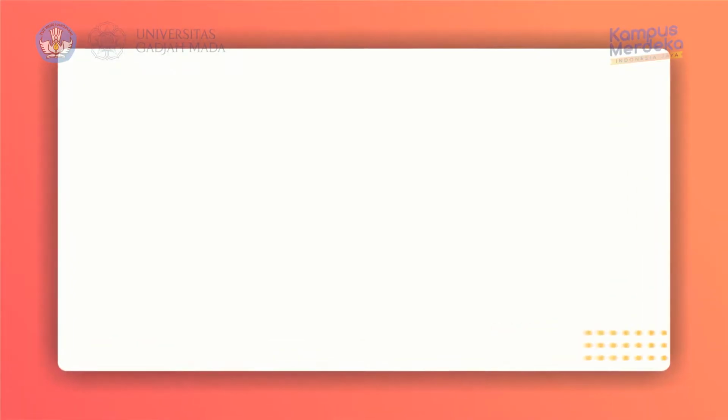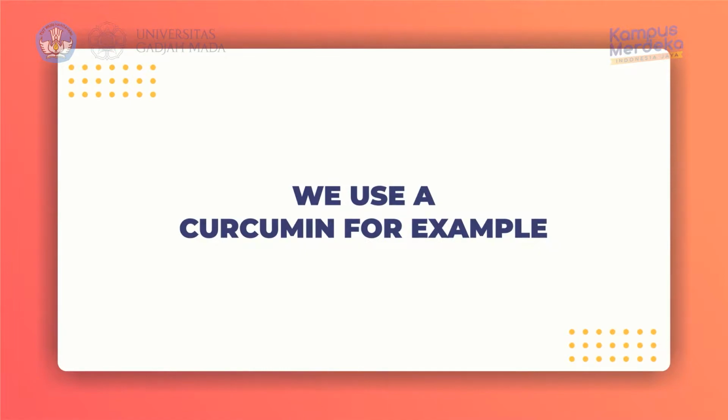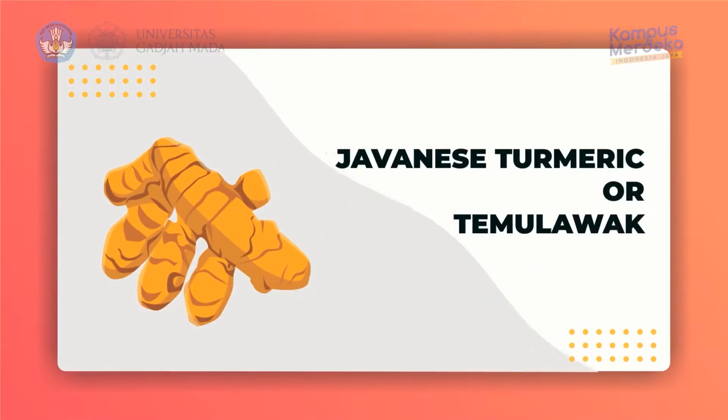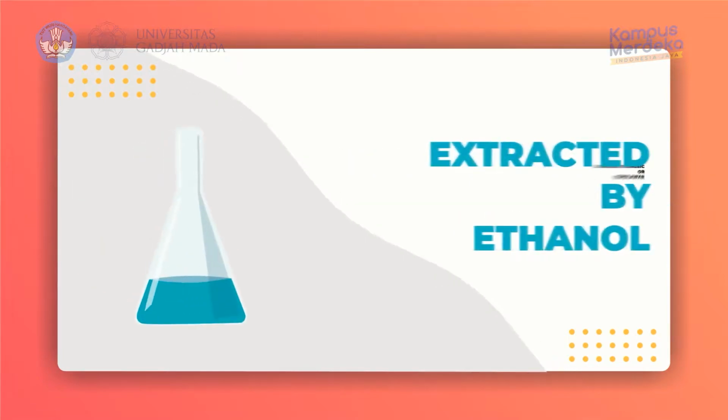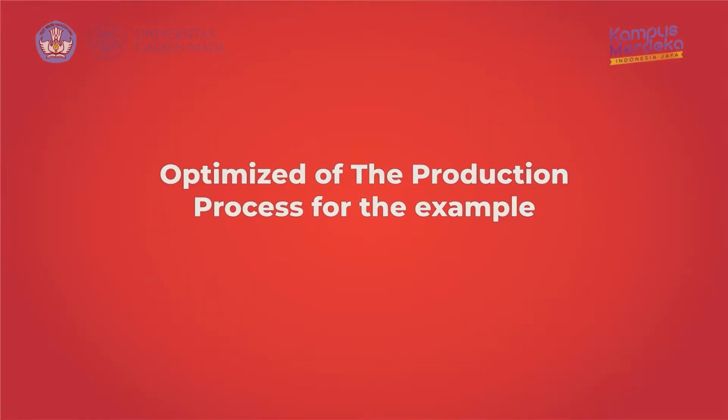So the similarity of the polarity, for example, if we use curcumin from Javanese turmeric or temulawak, it is suitable to be extracted not by water but by ethanol. And then we can use the optimization of the production process.